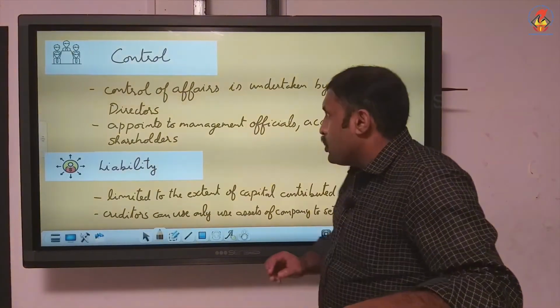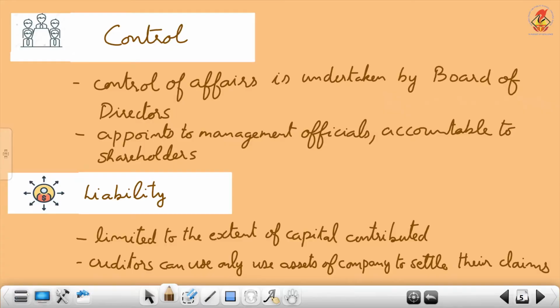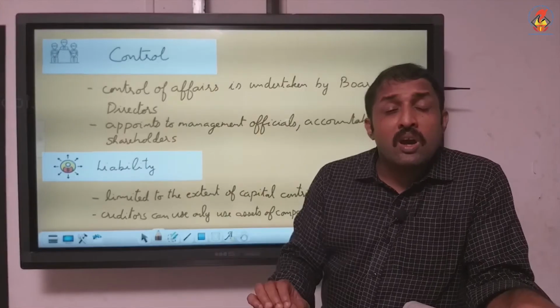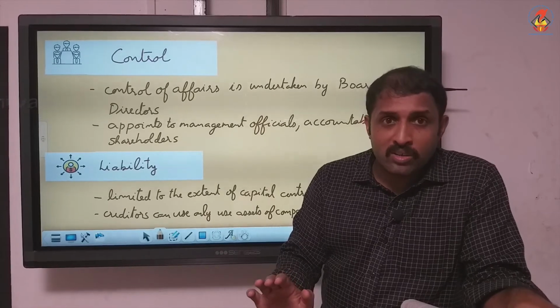Now coming on to the next feature, it is the control. How is the business being controlled? It is controlled by the board of directors. A lot of shareholders are there. From among the shareholders, they select a few persons to carry out the day-to-day activities and administration of the business. They are called the board of directors.